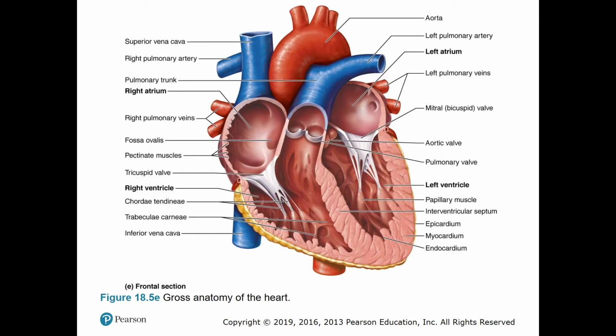Figure 18.5e, the gross anatomy of the heart. If you find in bold letters the right atrium, the right ventricle, the left atrium, and the left ventricle. You can also see the interventricular septum that separates the two ventricles, and the fossa ovalis, which is found between the two atria.